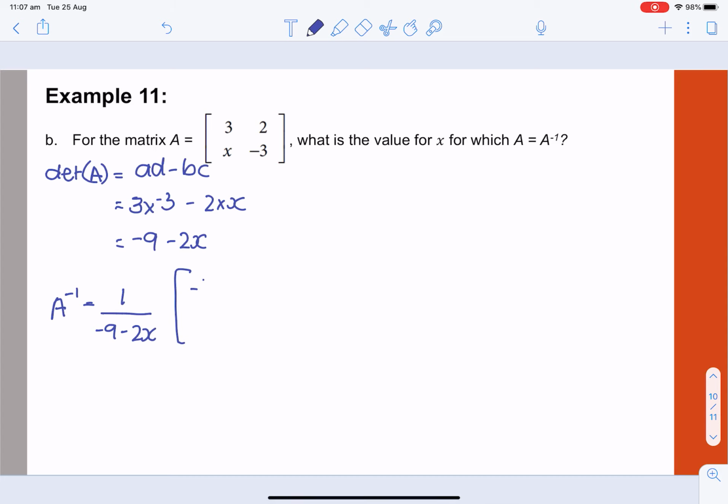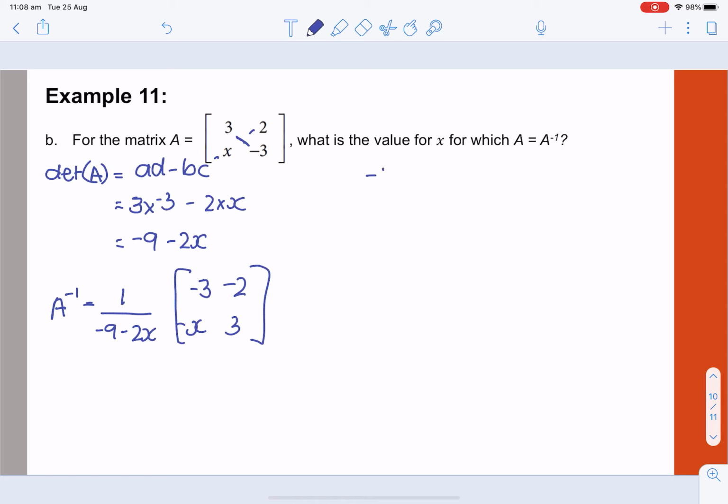Then we switch our positions. So we switch our A and D, so negative 3 and 3, and then we make our 2 and our x negative. Oops, forgot my negatives. All right, then I just multiply through. So I multiply the 1 over negative 9 minus 2x through every element within this matrix.